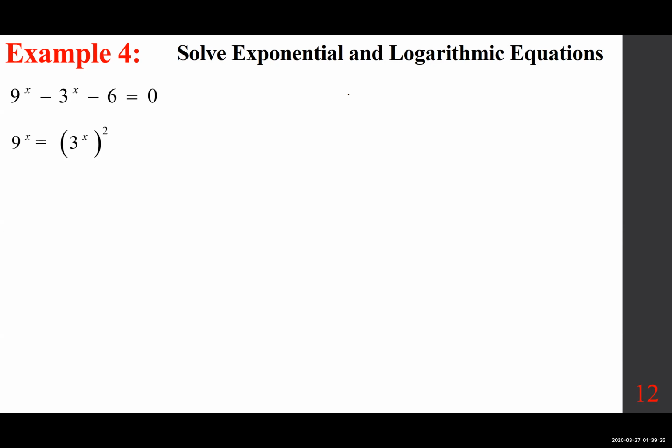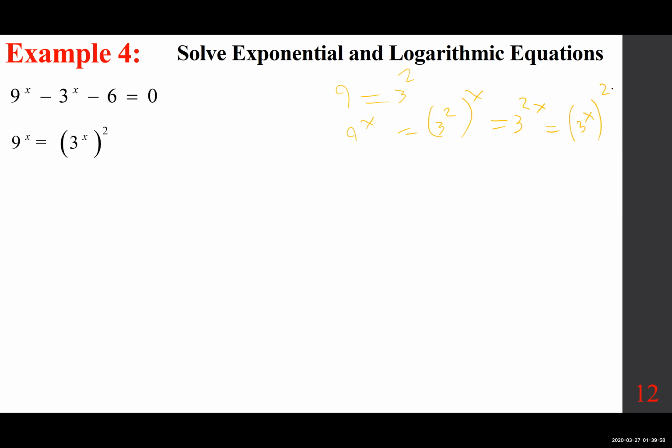So 9 is equal to 3 squared. 9 to the power of x is 3 squared to the power of x. It's equal to 3 to the power of 2x. Or you can say 3 to the power of x, squared. All of them mean the same thing.